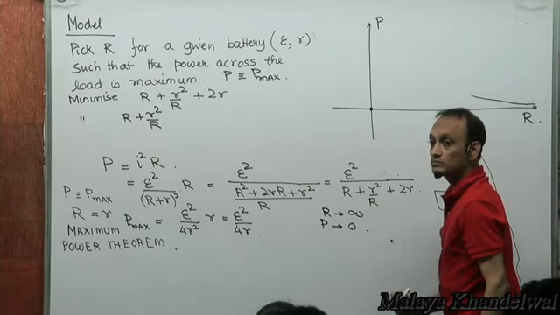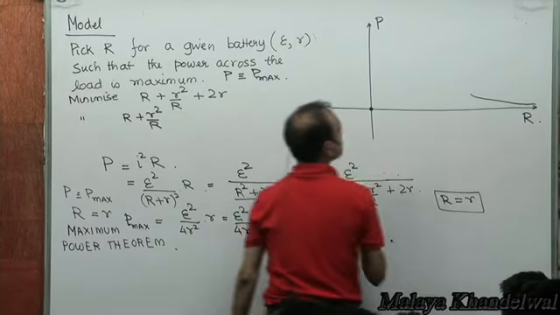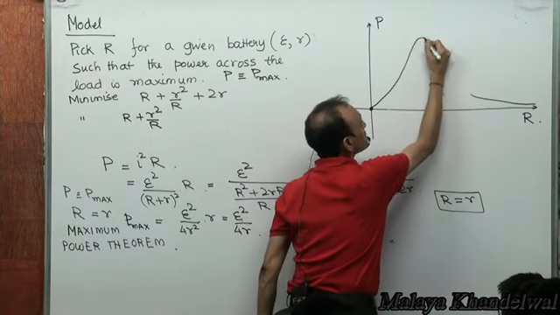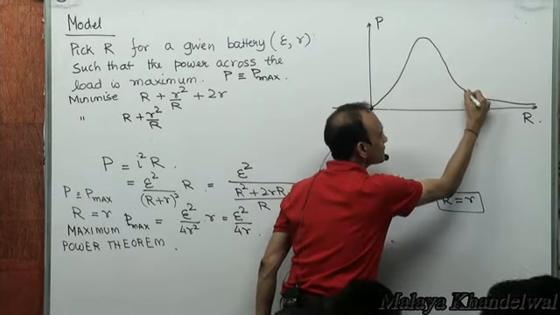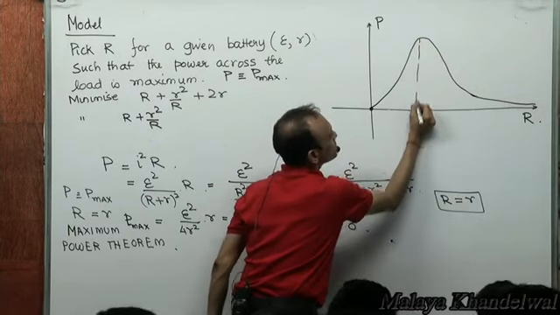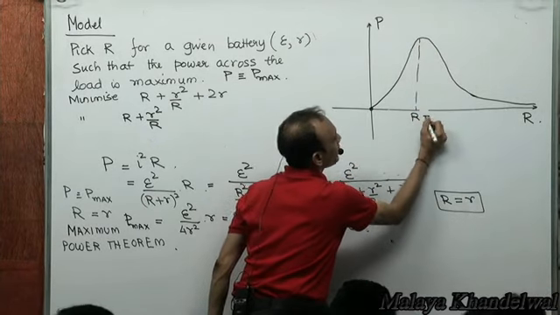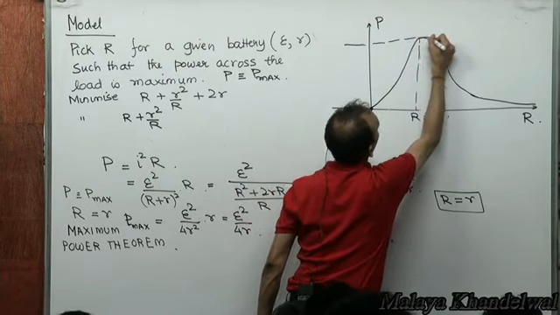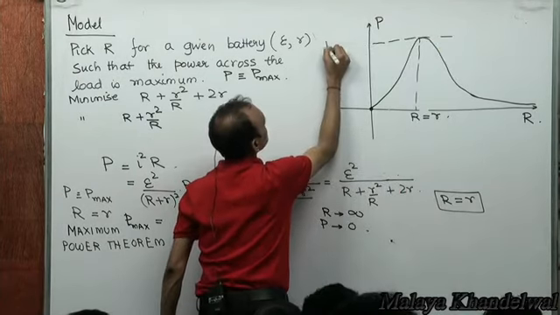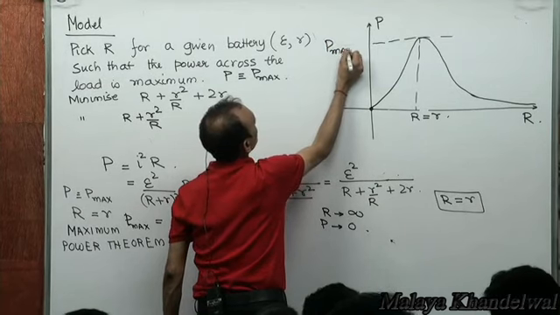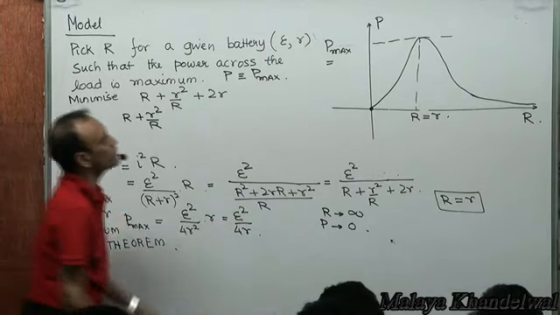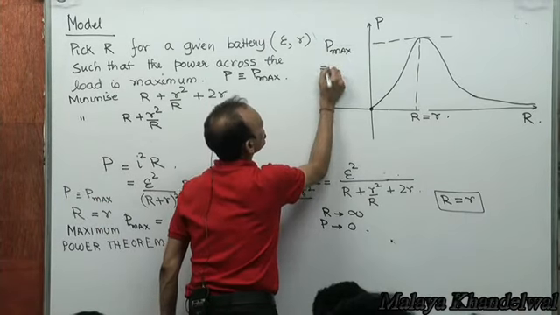It's like an asymptote. And maximum power will occur when capital R becomes equal to small r. When capital R becomes equal to small r, you get a state of maximum power dissipation, P max. And the value of P max is equal to epsilon squared by 4r.